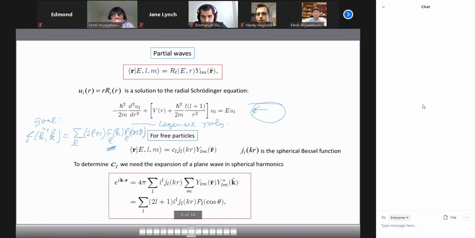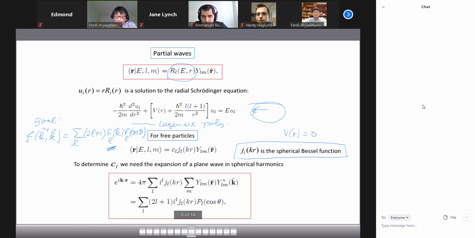So we have then the free particle solution. For the free particle solution, the radial part becomes the spherical Bessel functions. That's the solution to the radial Schrödinger equation when the potential V(r) is equal to 0.